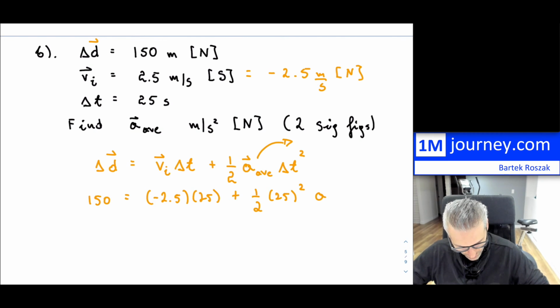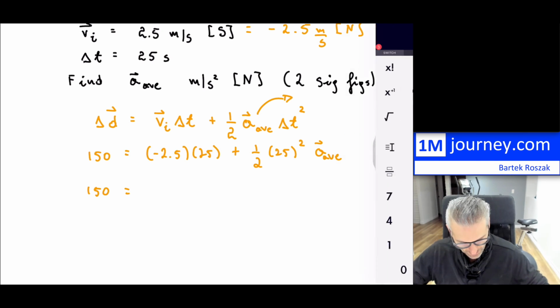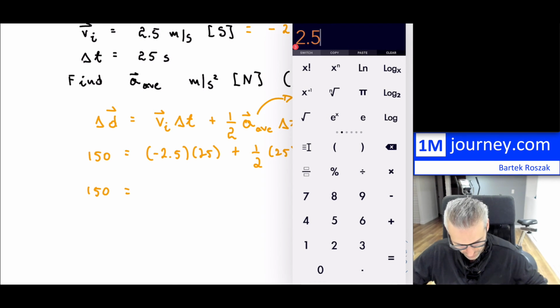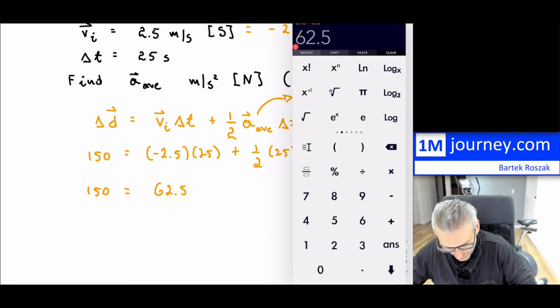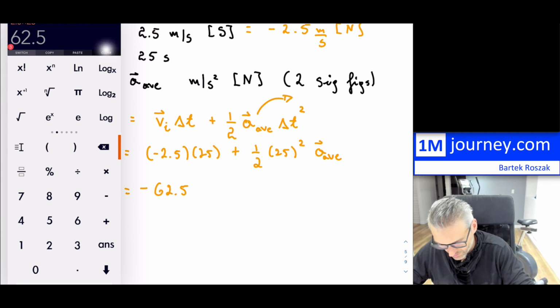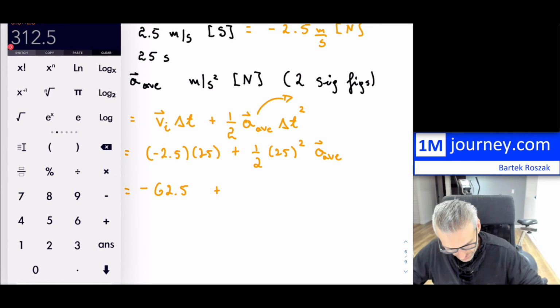That's how I'm going to rewrite this. Now let's compute all of these. So this is 150. 2.5 times 25, that's 62.5, negative still. And this one, 1/2 times 25 squared, that's going to be plus 312.5.